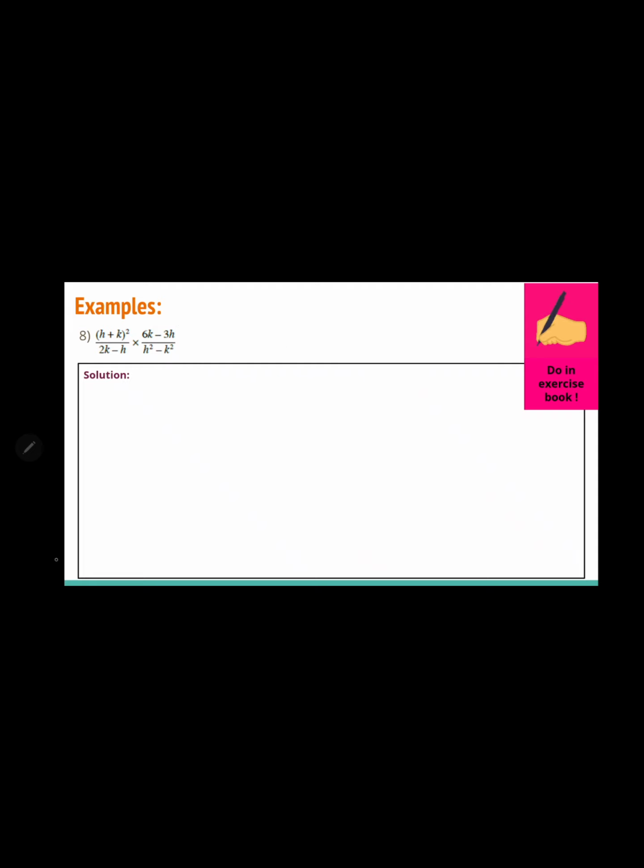I write again. h plus k, h plus k bracket square, 2h minus k, multiply.